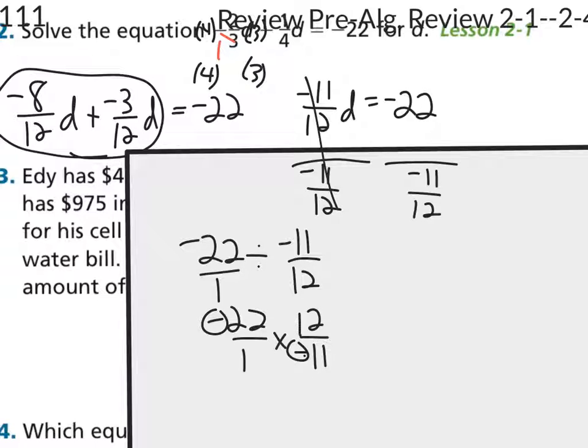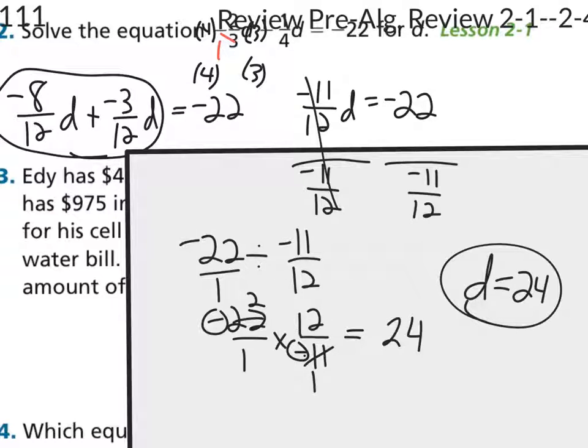Negative times negative is going to be a positive. If you want to reduce these, you can. If not, when you multiply and then divide it out, you should get the same thing. So that would be 24. So d equals 24. Always with these problems, if you have time, substitute that back in the original equation to see if it works.